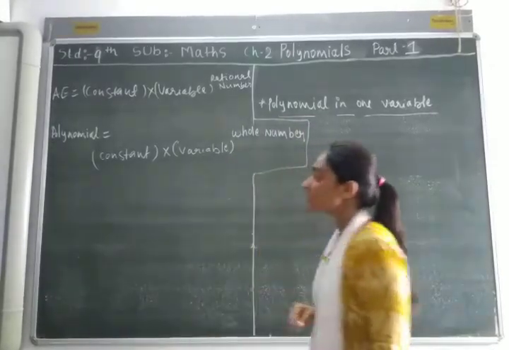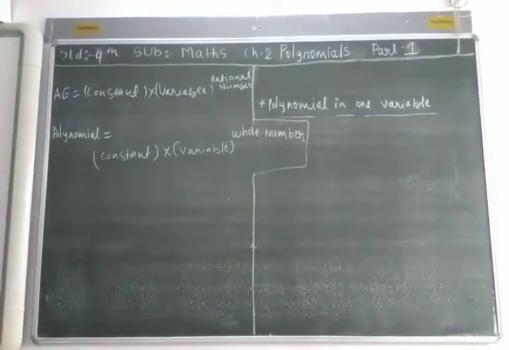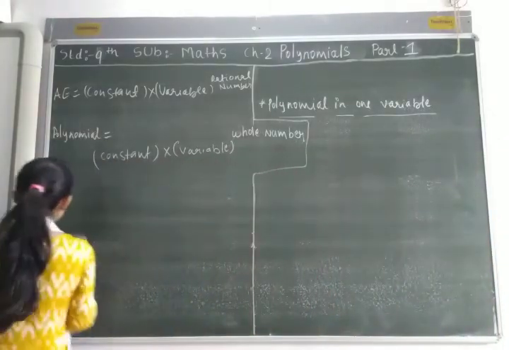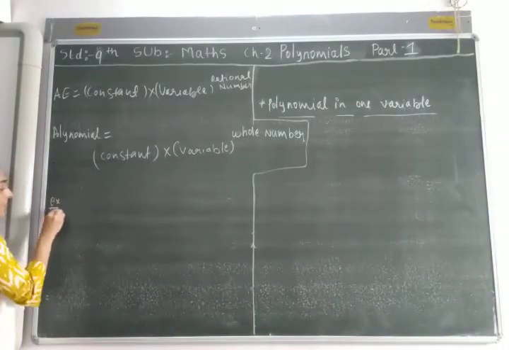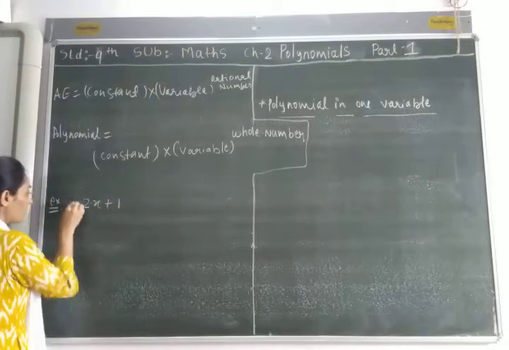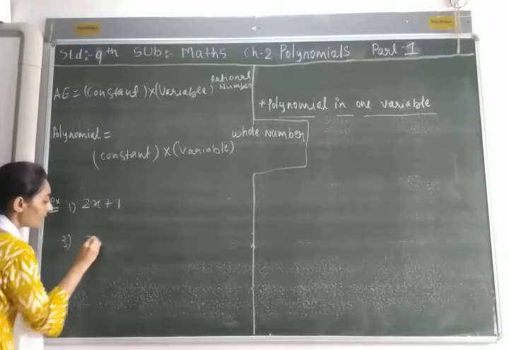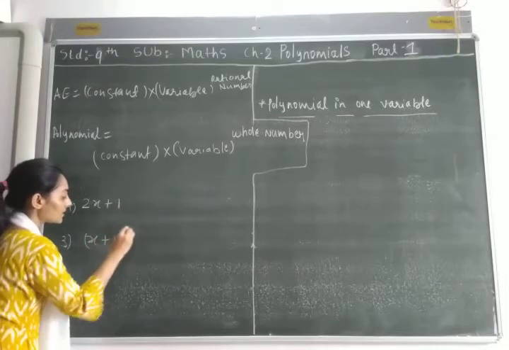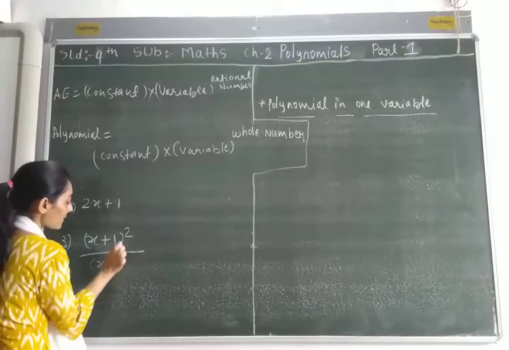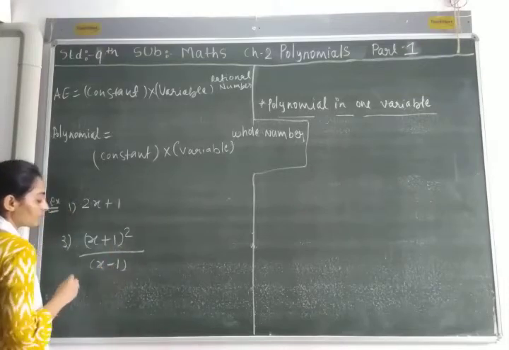When someone asks you, find which are the polynomials. For example, say I'm taking 2x plus 1. Then (x plus 1) whole square divided by (x minus 1).